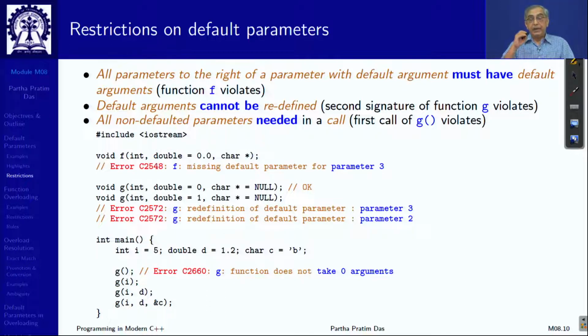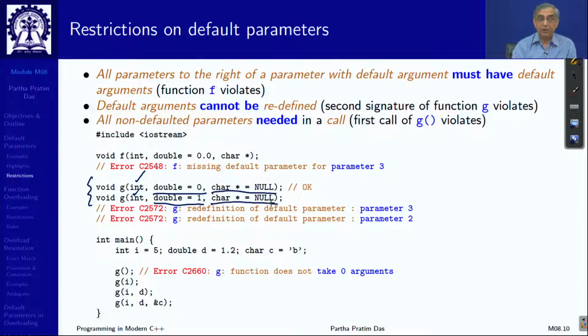The second is, when you provide default values, you cannot multiply provide default values in two different places or in two different signatures, even if the values are the same. Right? So, you can see here that I have two function headers of G, int, double, cat star, where int is non-default, that is fine. In this I have made double defaulted as 0, in this I have made double defaulted as 1. This is not allowed.